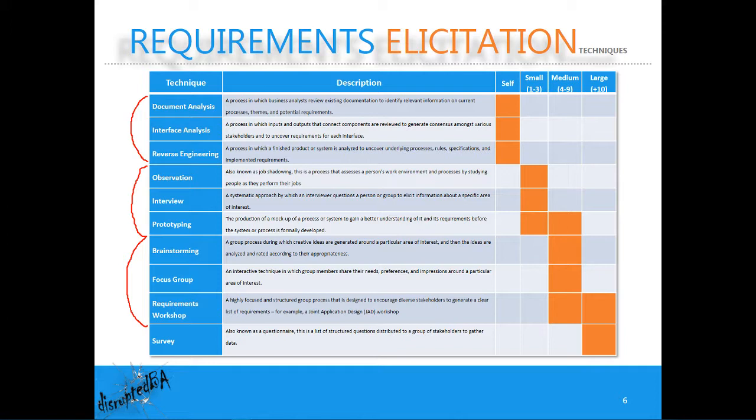This is somewhere where you would have a group of stakeholders, and typically you would group the stakeholders based on functionality or where they sit or function within an organization, and go through these brainstorming or focus groups or requirement workshops with these different stakeholder groups. Or you might actually intermingle stakeholders from different groups, depending on what your objectives are at that stage and what you're trying to achieve.